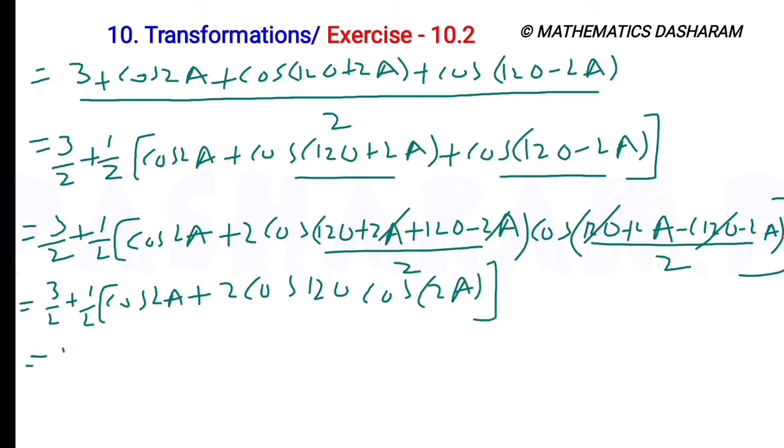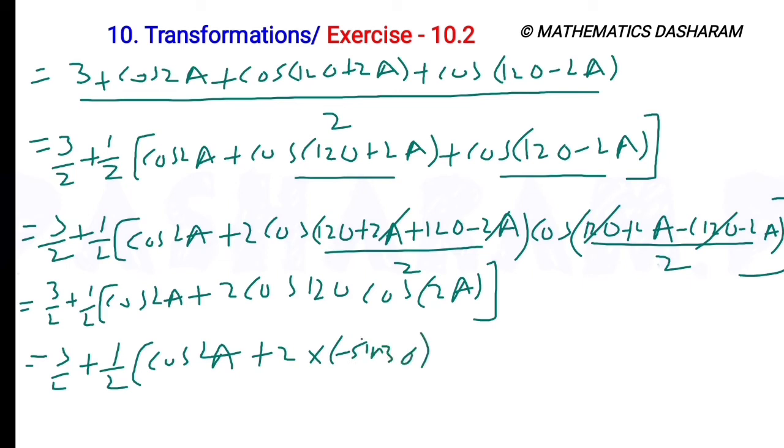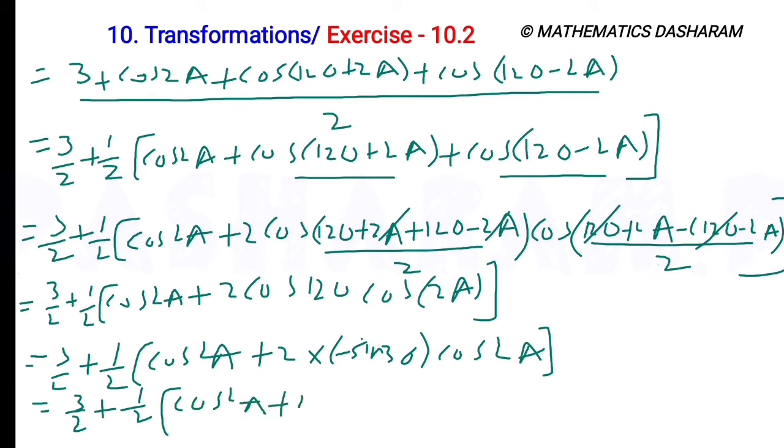It equals 3/2 plus 1/2 bracket of cos 2A plus 2 into cos 120, which is minus sin 30, into cos 2A. It equals 3/2 plus 1/2 bracket of cos 2A plus 2 into minus sin 30, that is minus 1/2, into cos 2A.